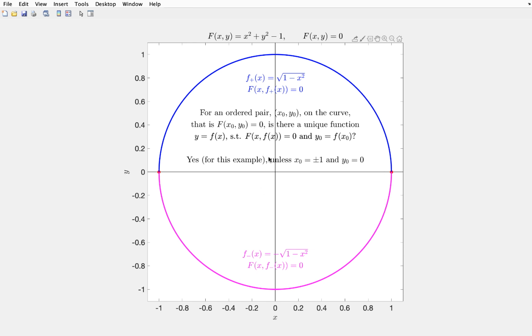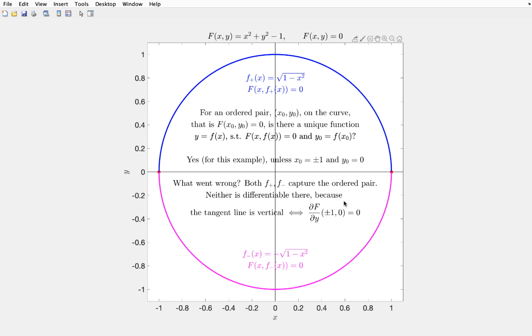So the answer is yes, unless x naught is here or here. Well, what went wrong? Both f plus and f minus capture the ordered pair. So I don't have a unique function passing through this ordered pair here or here that's on the curve. I have two.